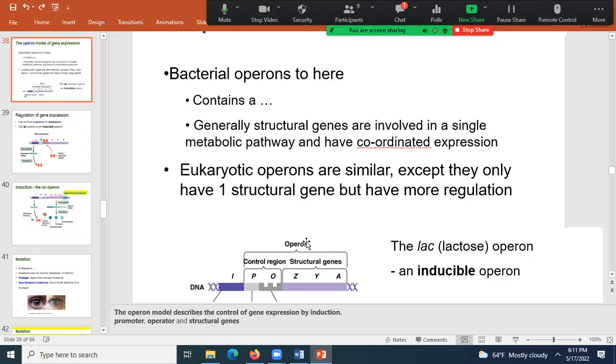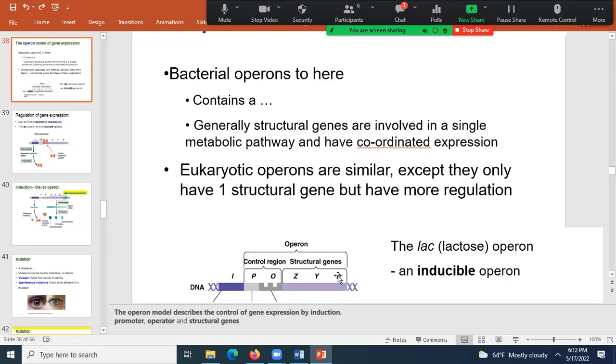There's the Z gene, which codes for the enzyme lactase. There's the Y gene. It codes for the protein transporter in the cell membrane, which transports the sugar lactose into the cell. And then there's the A gene, which is involved in the metabolism of the sugar lactose.